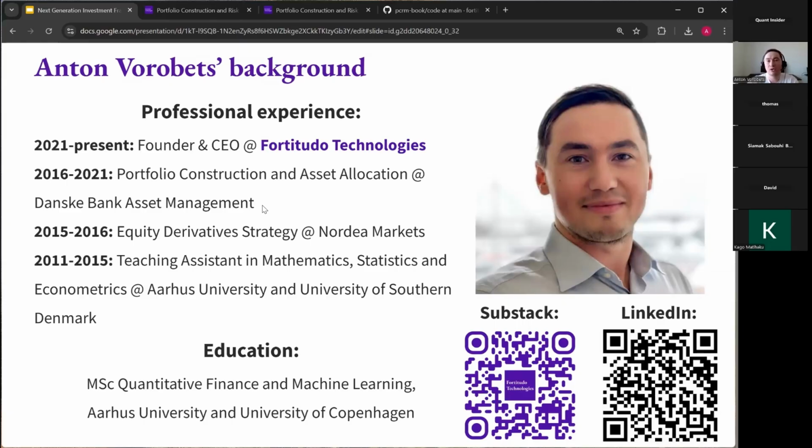I always wanted to work with investment management. So when there was an opening at Danske Bank, I joined that company and worked with portfolio construction and asset allocation. I had the same experience here, because I could see that all the things that I studied at university about covariance matrix estimation, GARCH models, mean variance optimization, and all these things were not very useful for us to get good insights about how we should build our portfolio in a smart way.